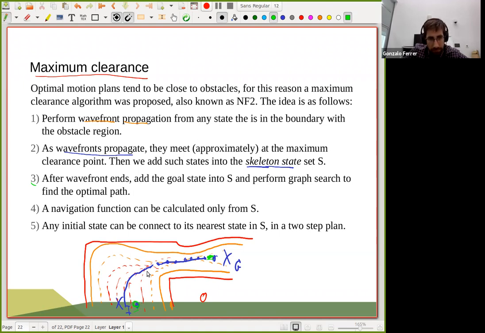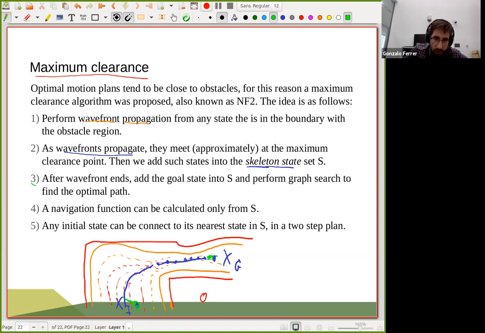So the second step is, from any point, we need to connect this to this skeleton state S, right? So it's also going to be maximum clearance or whatever you want to use.